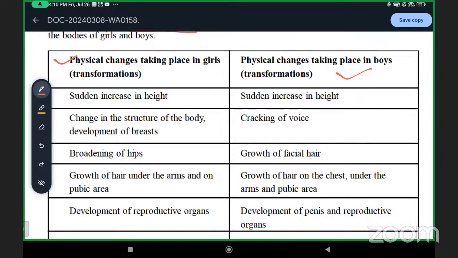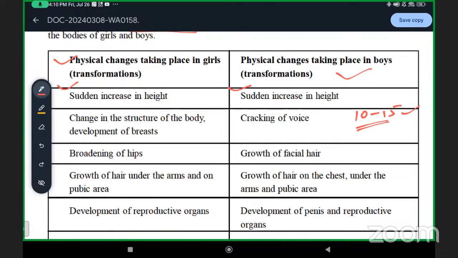First is the sudden height increase. I've seen people whose height suddenly increases in a matter of 2 to 3 months. You met them before, and at this period, around the age of 10 to 15 years, when you meet them back after 3 to 4 months, they have suddenly grown in height.